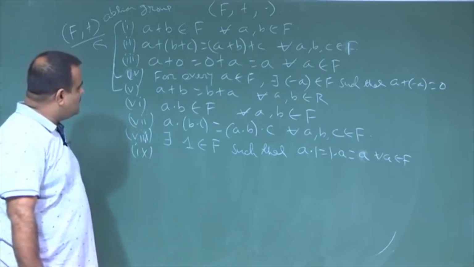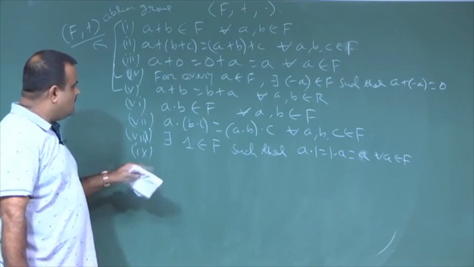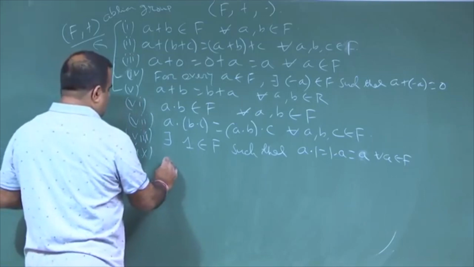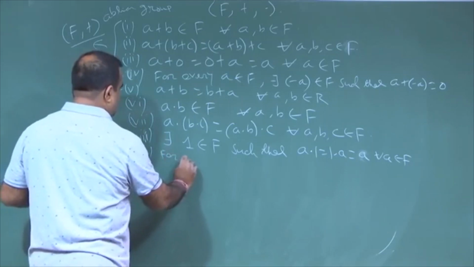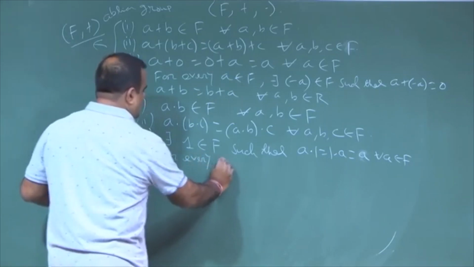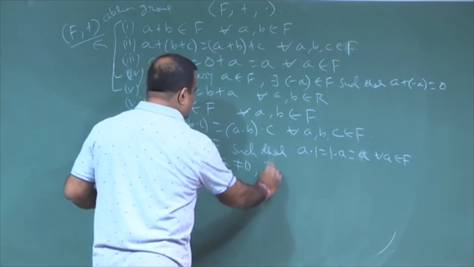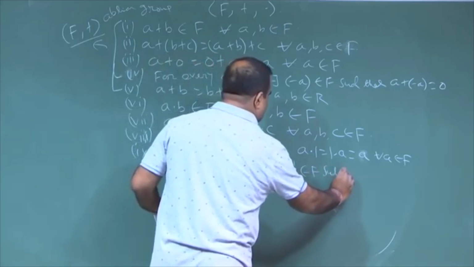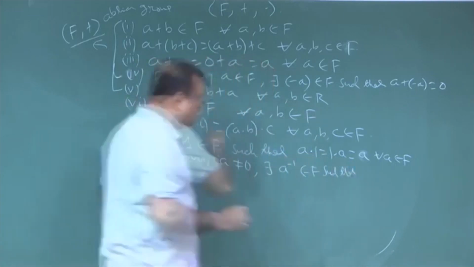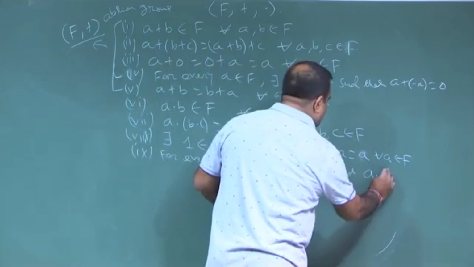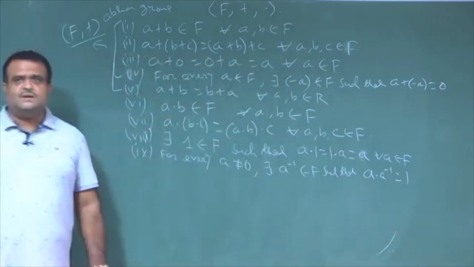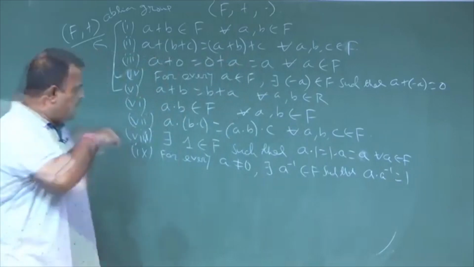And then we have the inverse for non-zero elements. For every a which is not equal to 0, there exists a inverse such that a · a⁻¹ is equal to 1.